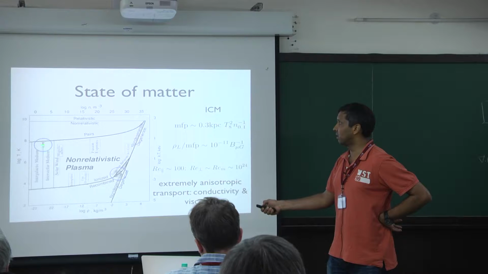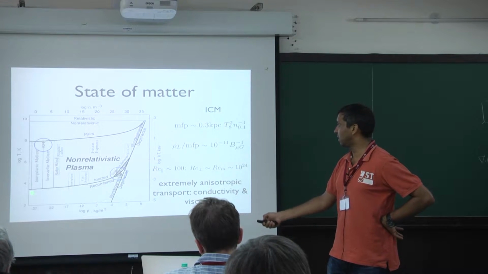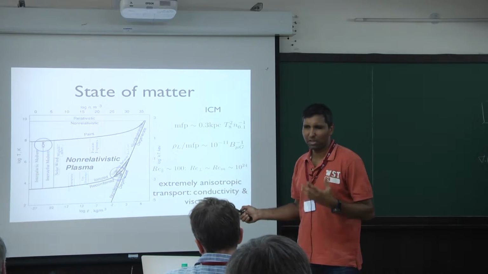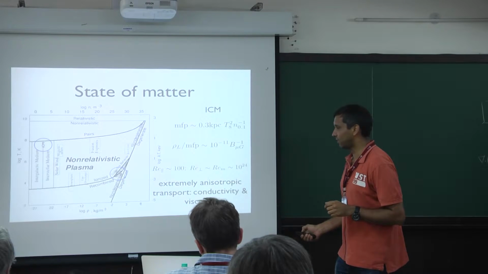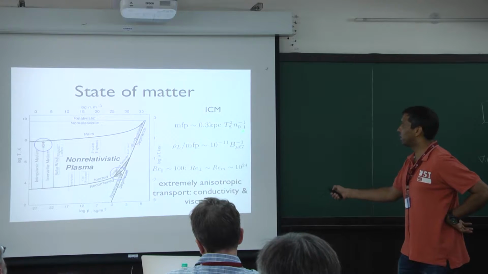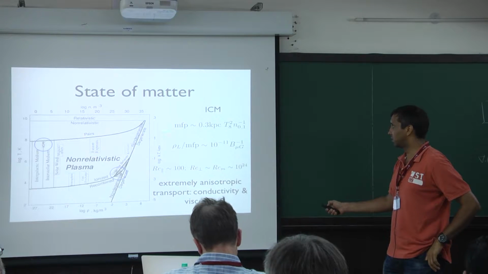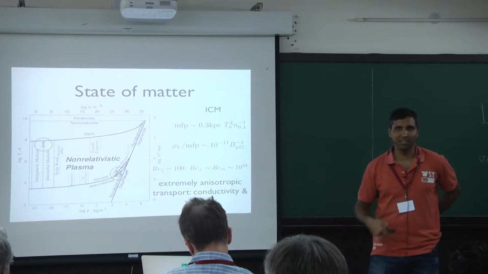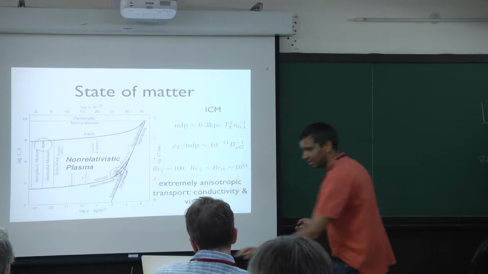It's about 1 to 10 keV. It emits X-rays after all, and it's about 10 to the minus 25 grams per centimeter cube. This is SI. We astrophysicists use CGS. Just to give you some typical numbers for this medium, the mean free path of this plasma is just 1 over n sigma, where sigma is the collisional cross section, about 0.3 kiloparsecs.